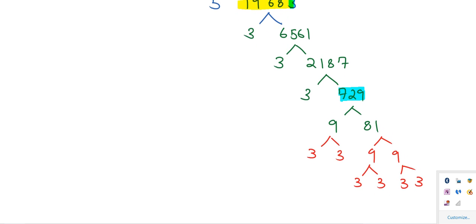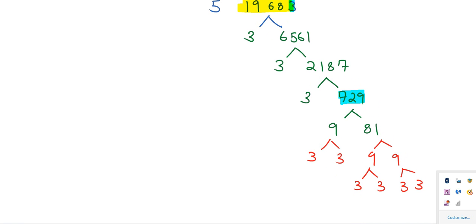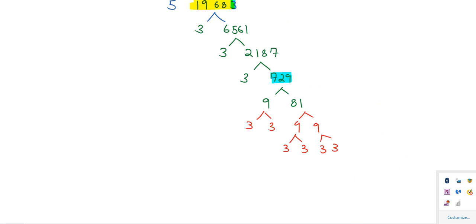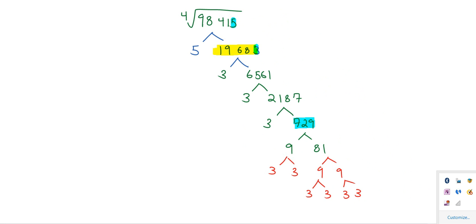Let me zoom out. Okay, so there's my tree diagram once you factor 98,415. Once you break that down, you have all these prime numbers now. This 4 right here tells you that you need to find a group of 4 of the same numbers. So here's a 3, here's a 3, here's a 3, and there's a 3.